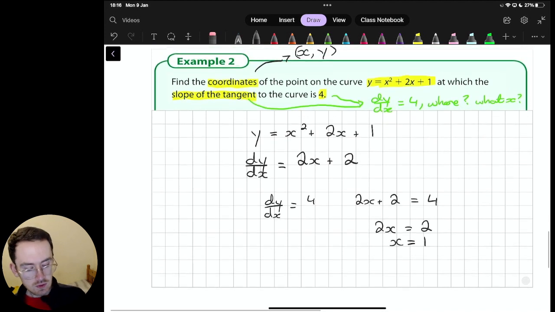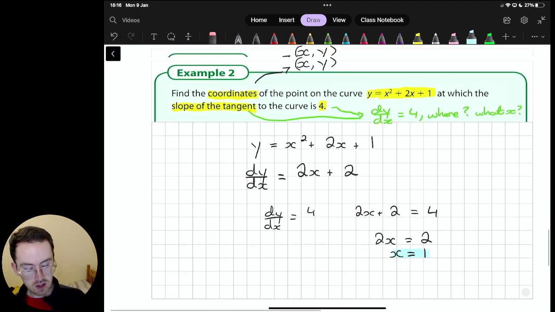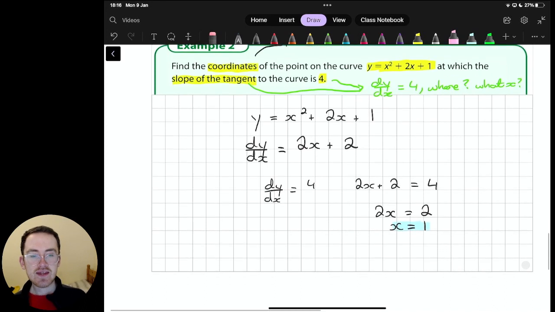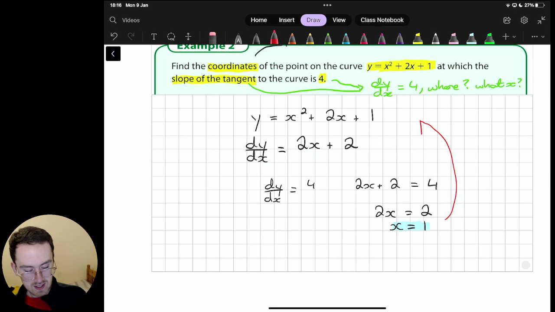Now, if we go back up to what we were talking about earlier, I said we were looking for coordinates x and y. This value x equals 1 is on the curve, and we want to know what the y value is that goes with it. In order to find that, we're going to sub back into the original curve.